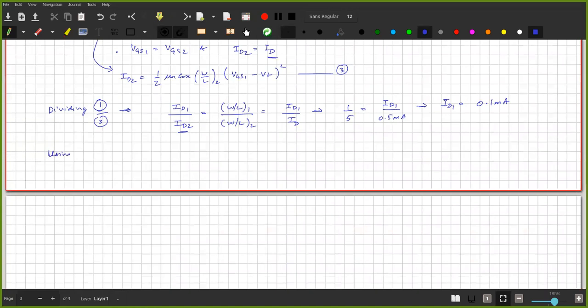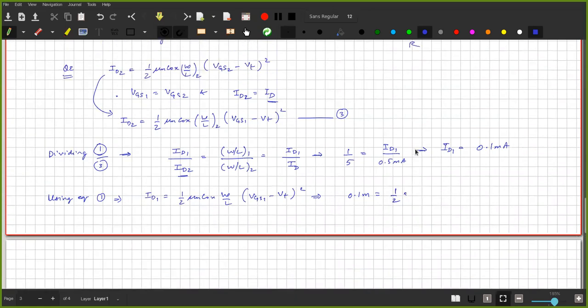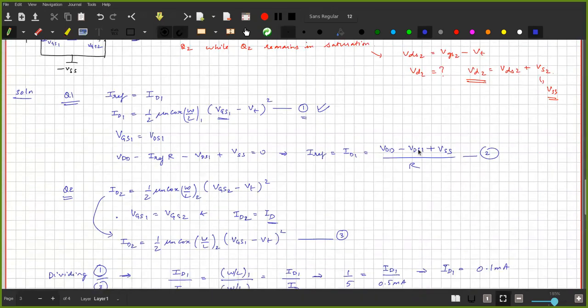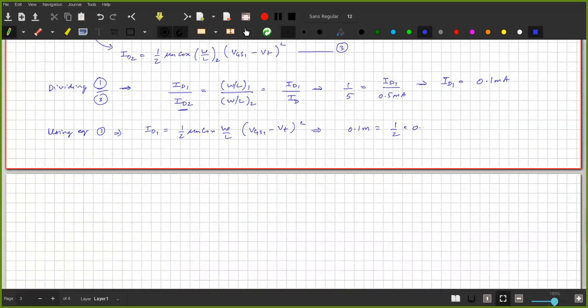Using equation 1, I know ID1 is half mu1 COX W by L, VGS1 minus VT whole square. Okay, substitute all the values here. 0.1 milli equals half into mu1 COX W by L, that's 0.8 milli, into VGS1 minus VT, which is 1 whole square.